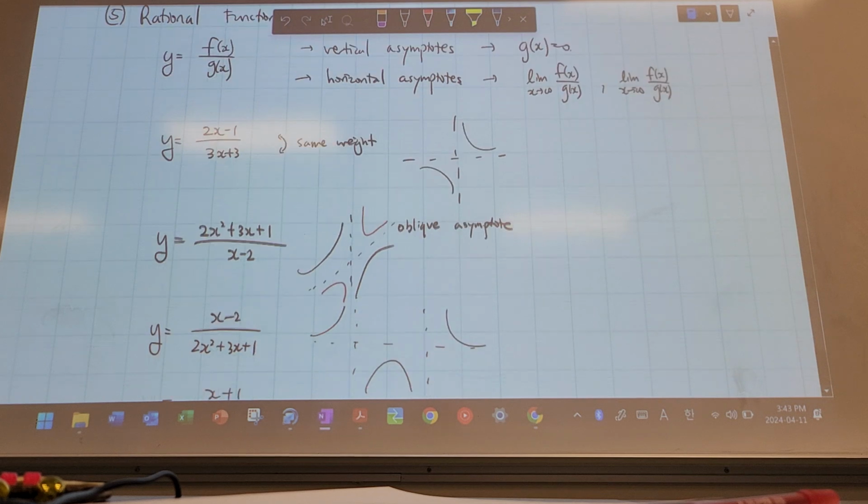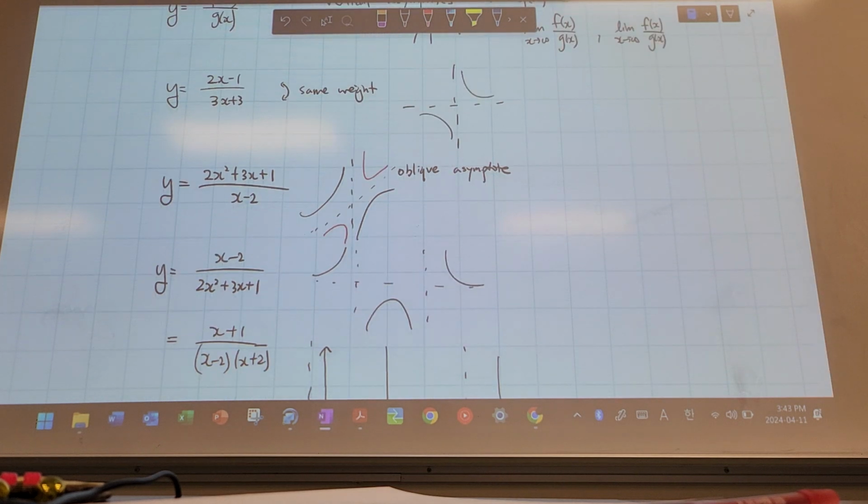Yeah, non-permissible values. So non-permissible values happen when you are able to cancel out some factors, right? So for example, let's say we have y equals x plus 1 times x minus 1 divided by x minus 1. Then originally it looks like a function with a heavier top, but then you see that x minus 1 are cancelled out, right?